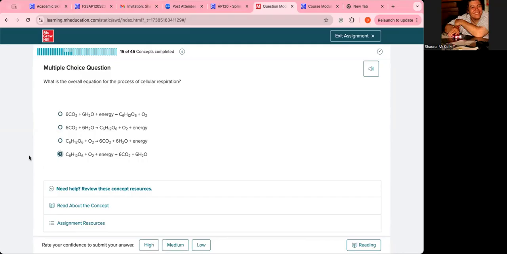Wait a second. I'm getting confused now. Because there should be three products on the right. Glucose plus oxygen. Okay, so we know it's not the first two because we need glucose plus oxygen and we don't have that.